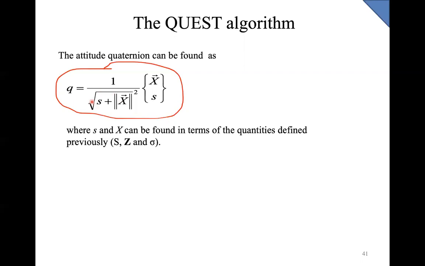So basically, this square root is the sum of the scalar part plus the norm of the vector part of this quaternion. You divide by the norm of the quaternion in order to have that the quaternion is indeed equal to 1. So yes, it seems that this square is outside the square root, but basically this is the norm of the vector part of the quaternion, and this is the scalar part.